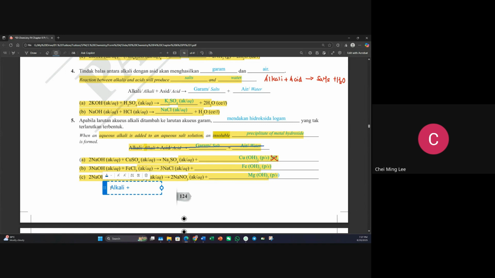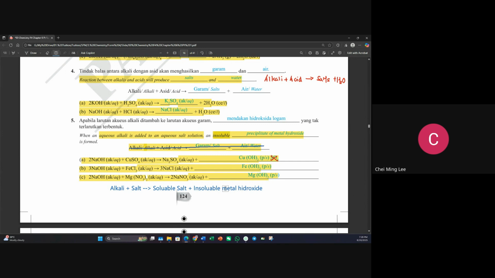Alkali with salt will form soluble salt plus insoluble metal hydroxide.